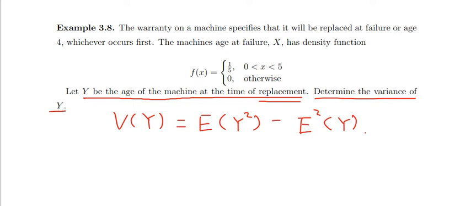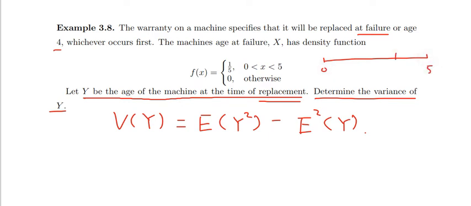This machine will be replaced at the failure if it stops working, or at the age of 4, because after 4 years we will replace the machine as it is too old. So suppose X is the failure time, and X can range from 0 to 5.